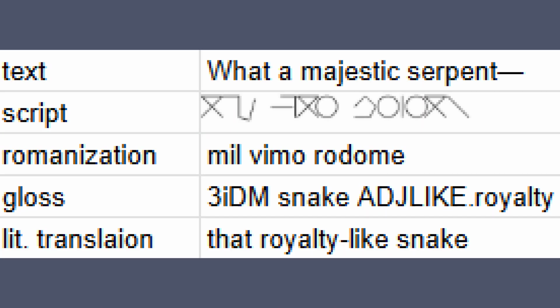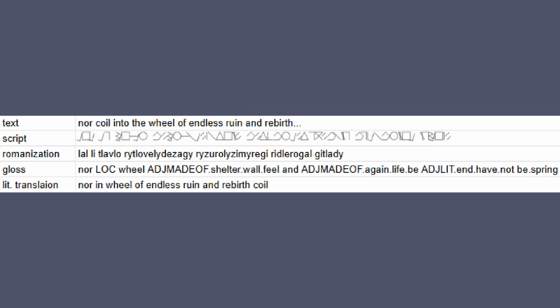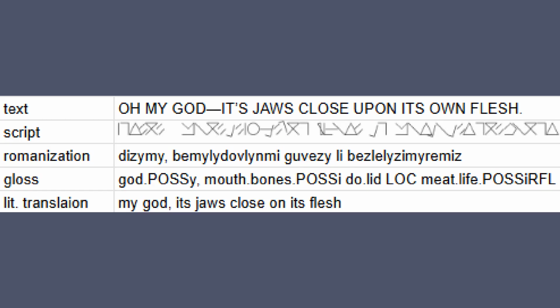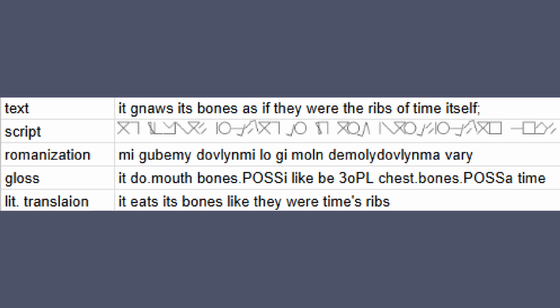Mil vimo rodome. Mi grisaro mis li zomla ladlema guma, na ladlero gal gudlema. La lis lavlo radlove la desaga, razuro la zimeregi, ridlero gal gizlada. Dizama, bema la dovlan mi, guveza li bezle la zimaremis, beza la zinan grivoro guzamo li dlero la vurumis. Mi gubema dovlan mi lo gimon demo la dovlan ma vara.